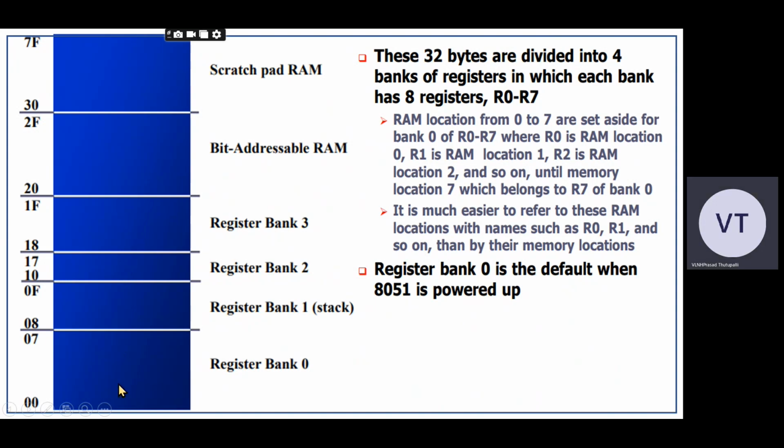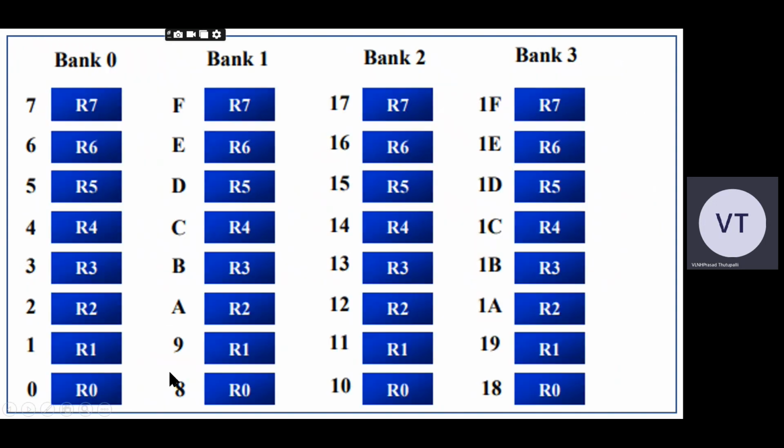So let us see in detail about bank 0, bank 1, bank 2, and bank 3. Bank 0 is a group of 8 registers. The first register is given the name R0, and its address is 0. You can refer to the first byte with its name R0 or with its address 00.